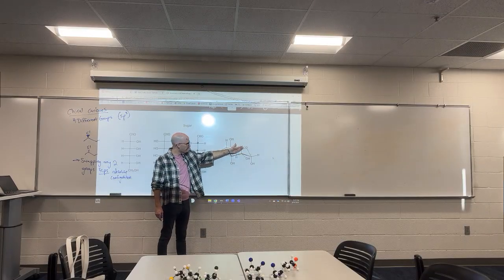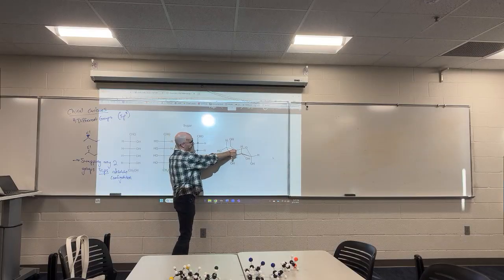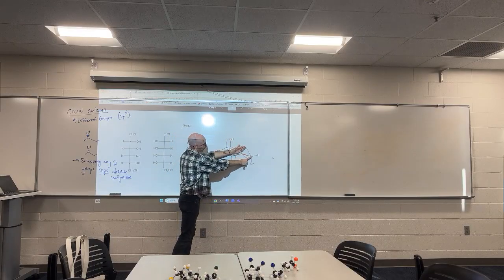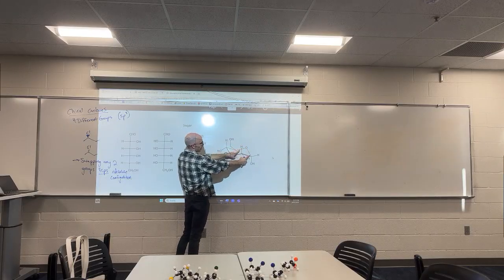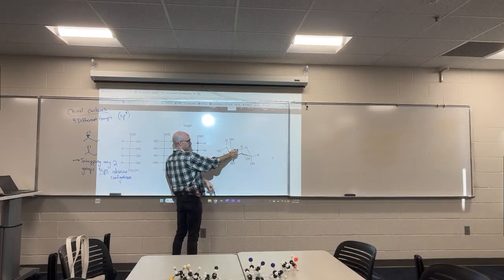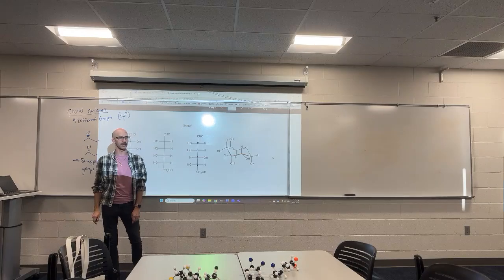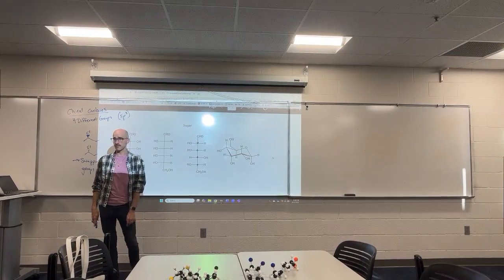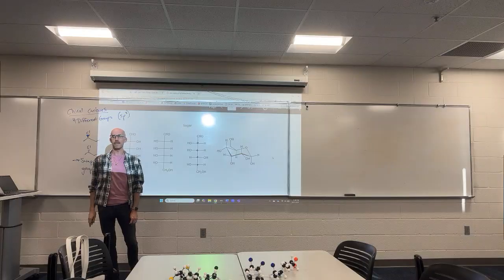But if I put my plane of symmetry through it, I've got this CH2OH that does not reflect on the other side. Notice just next to the oxygen, that's an alcohol, primary carbon. That's a CH2OH, secondary carbon. There's no symmetry in this molecule, which means any carbon you think is probably chiral is probably chiral.